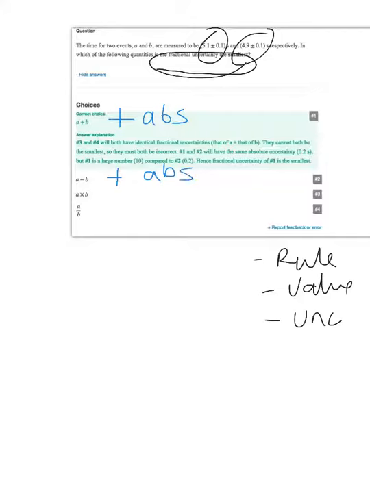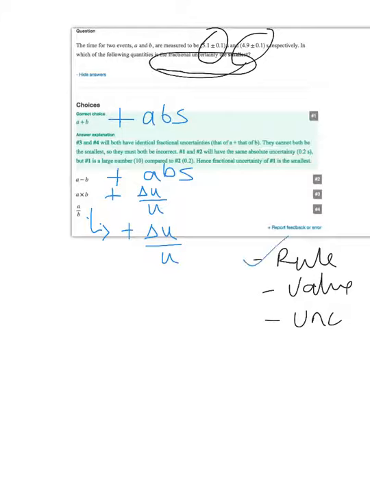The next situation is a multiplication, so this time you must add the fractional uncertainties. Or you could add the percentage, but we don't need that now. The next one we are dividing, so once again we add the fractional uncertainties. Those are our 4 rules for each of these.